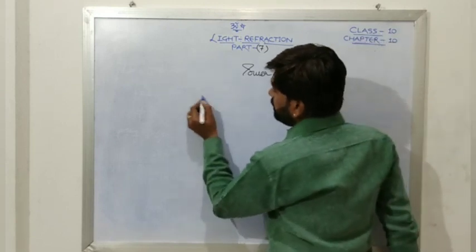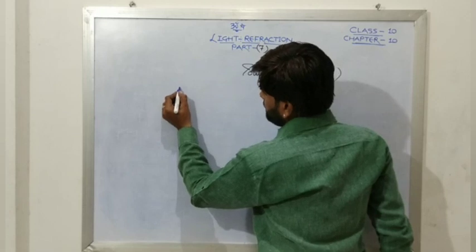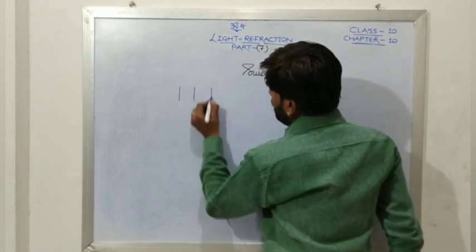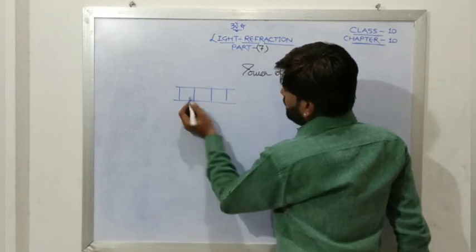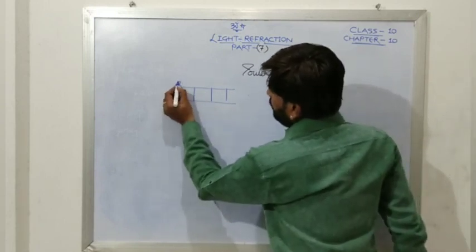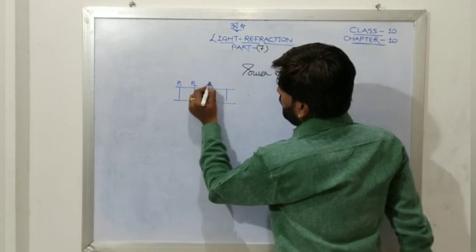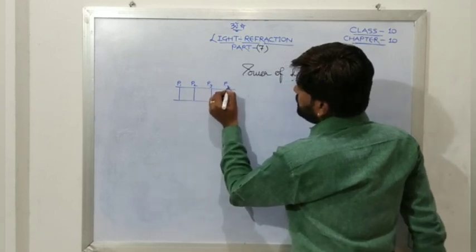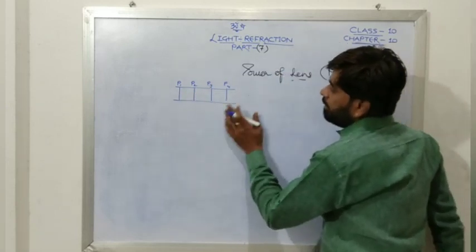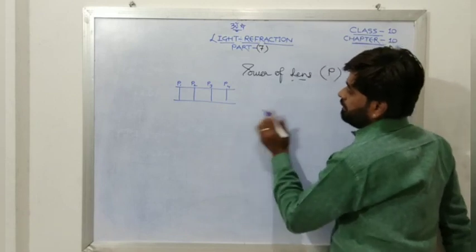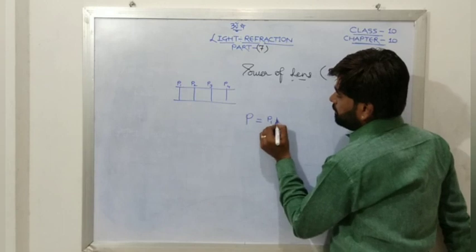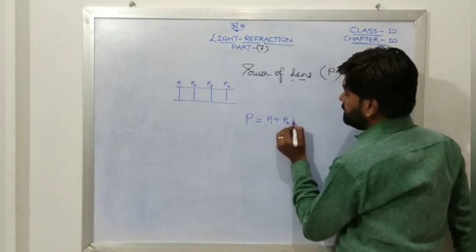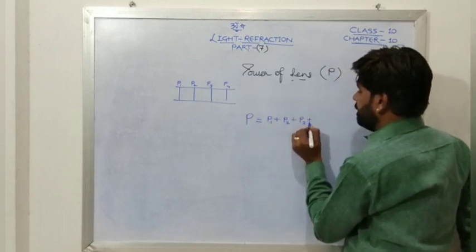So whenever a number of lenses are combined to get an image, then the total power will be the algebraic sum of the powers of all these individual lenses.